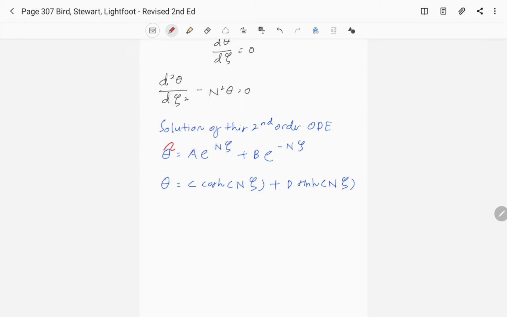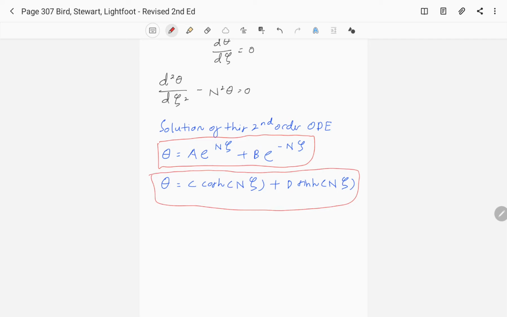These two terms are equivalent. You can solve using this, or you can solve using this one, but the second form is preferable, that we will use here.